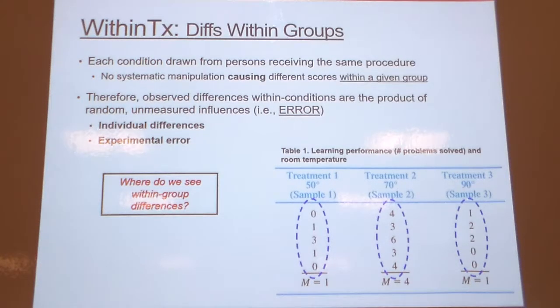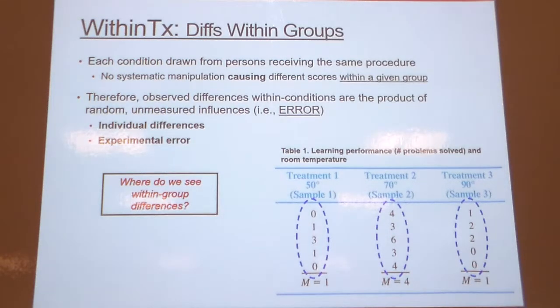They should be identical, right? If temperature is the only thing that determines people's performance on this task, then we would expect everybody in the 50-degree room to be identical, everybody in the 70-degree room identical, everybody in the 90-degree room identical, right?